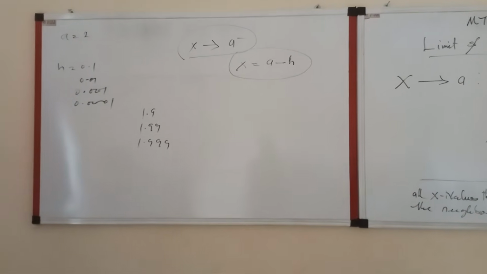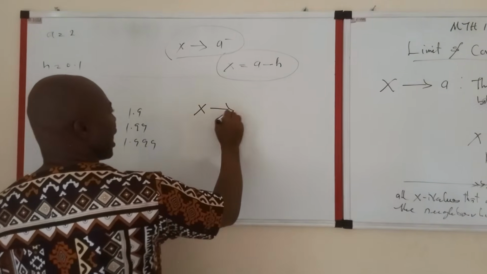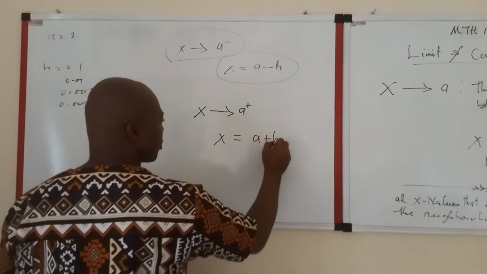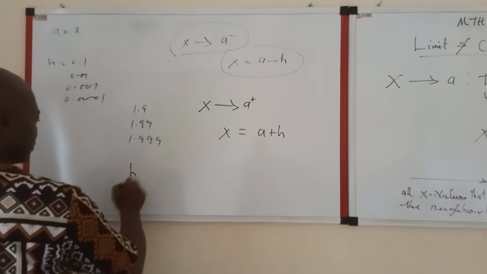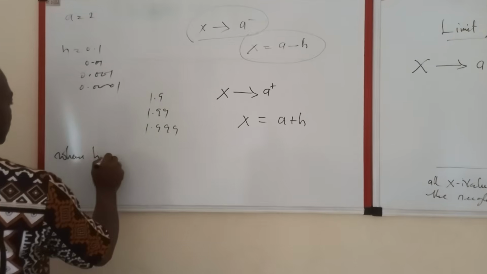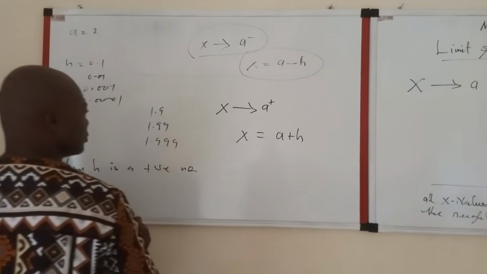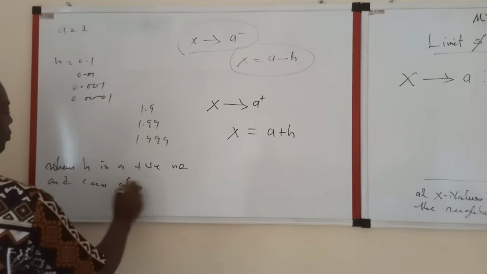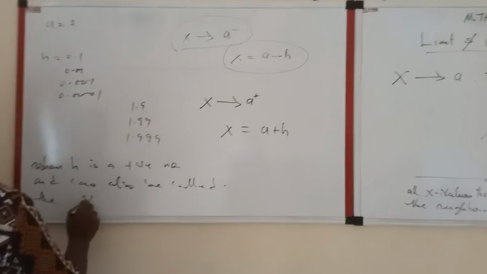And in like manner, we can also write x approaches a from the right as x is equal to a plus h, where we said this is the step size, where h is a positive number and can also be called the step size.